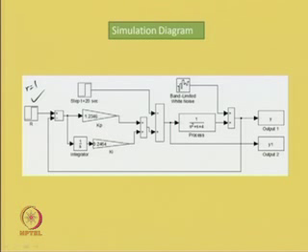We have some disturbance input D, which is a step input that occurs at time t equal to 20 seconds and is of magnitude minus 0.5. And we also have band limited white noise in the system to see the effects of disturbances on the performance of the PI controller.